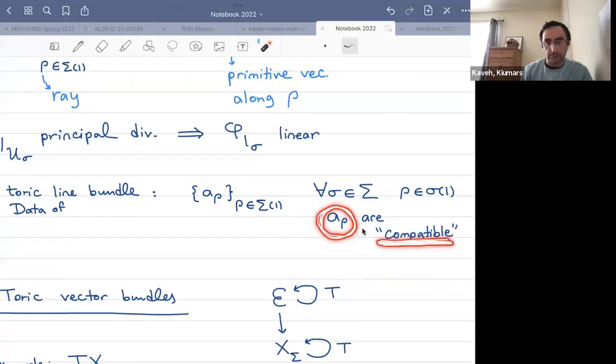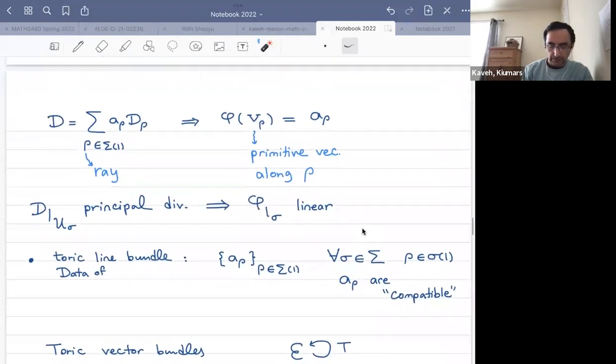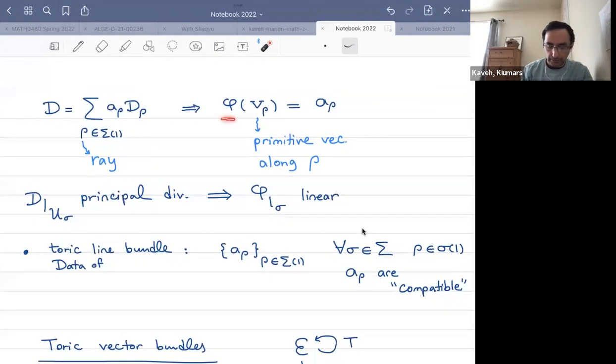Compatible means they come from one linear function. They are values of a linear function evaluated at rays. Okay. If the cone sigma is a simplicial cone generated by linearly independent vectors, there is no condition. But if it's not simplicial, if the rays are linearly dependent, then these numbers should satisfy the linear relations.